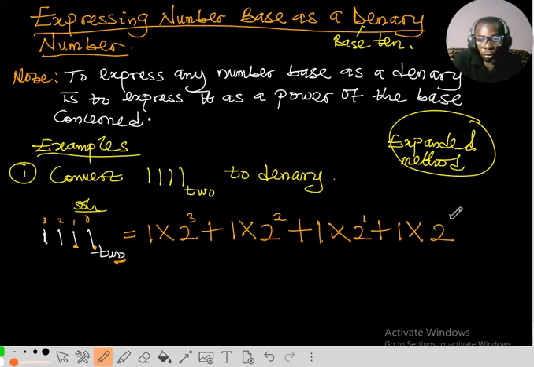This is what we call the expanded form. If I simplify it, it will give me the converted form to denary.